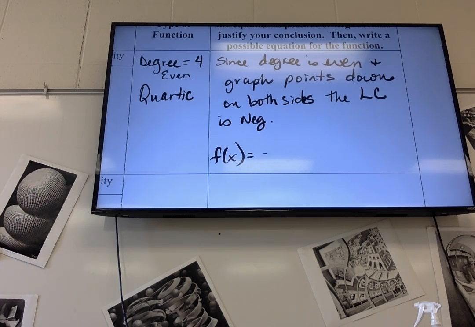So I know it's negative A. I'm just going to put A there because it could be whatever number. I know it was -3, so that's x plus 3, and it's cubed. And it's +1, so that makes this x minus 1, and it's to the first power because the multiplicity is 1.